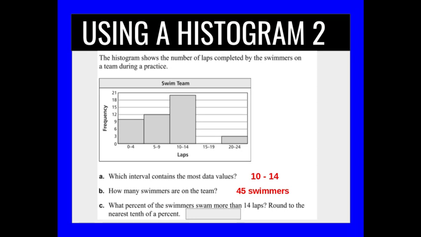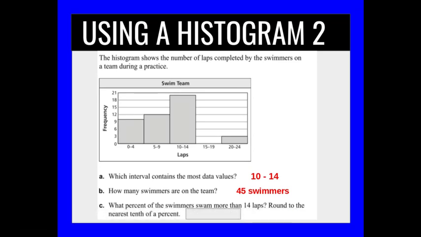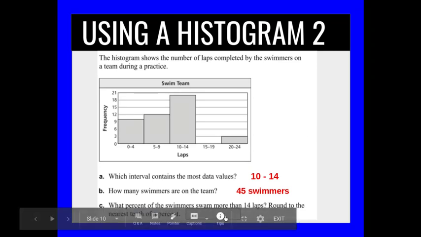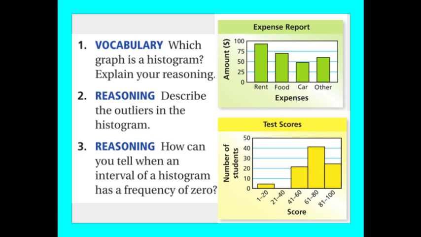So 3 divided by 45, because there's a total of 45 swimmers. 3 divided by 45 gives us 6.7%. Okay, last part.